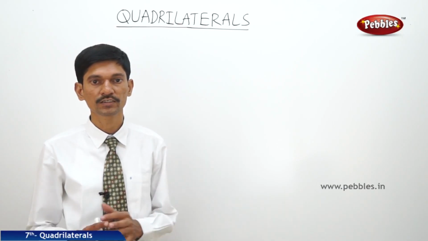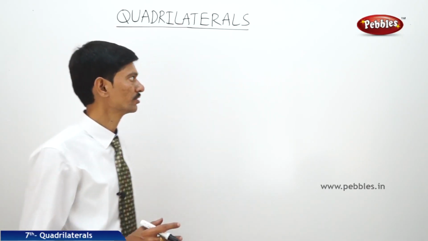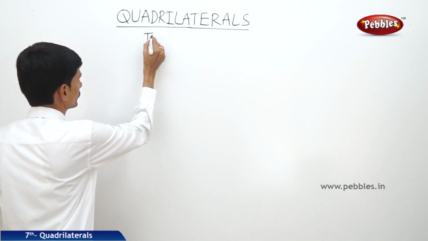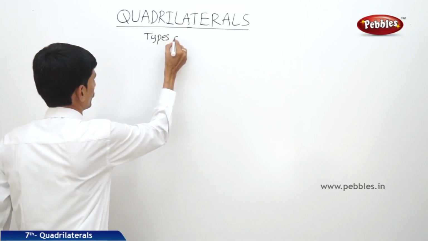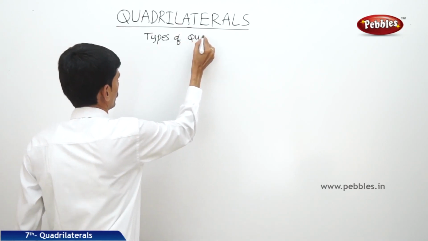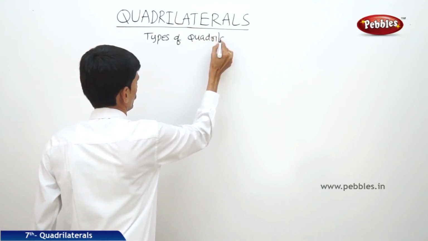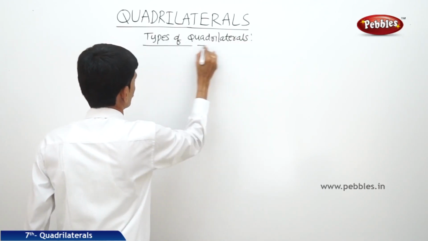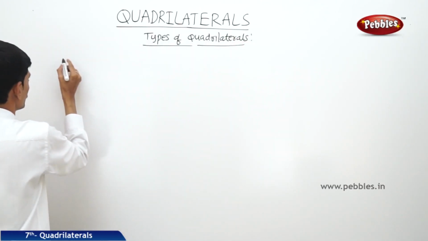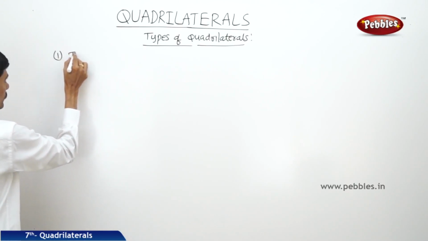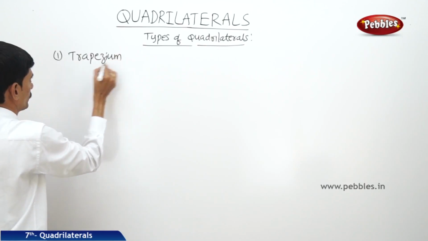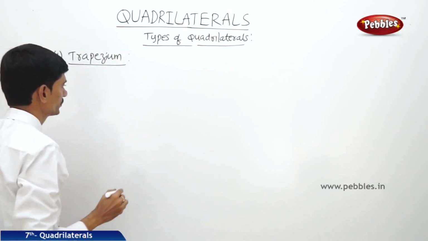Now let us learn the types of quadrilaterals. In the types of quadrilaterals, the first one is a trapezium. Now what is a trapezium?